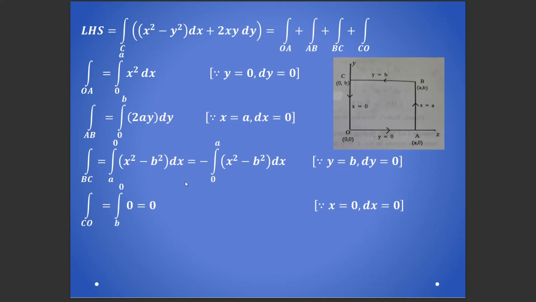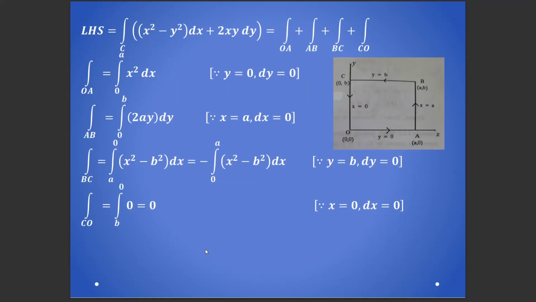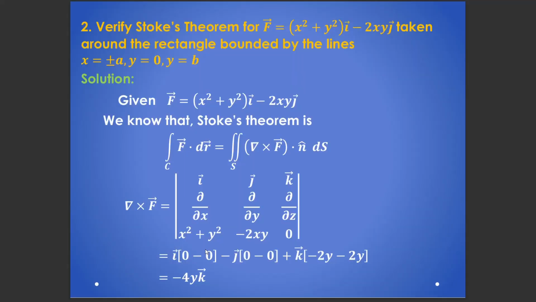And what is the third case here? 0 to a, x square minus b square into dx. So x square into dx is x cube by 3 minus b square into x, with the limit from 0 to a. After we add these three cases, we have the answer, 2a cube 2ab square. Hence LHS equals RHS.